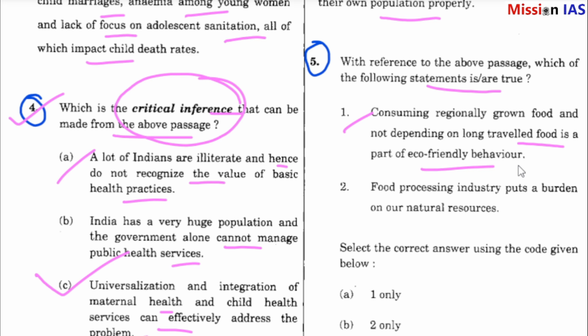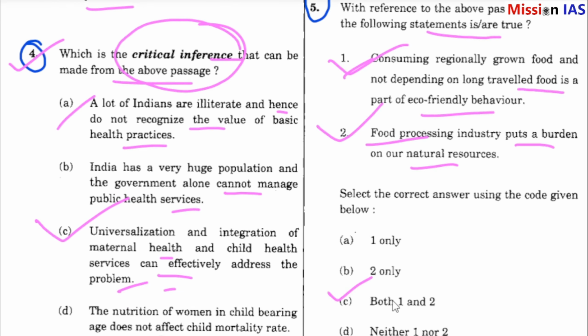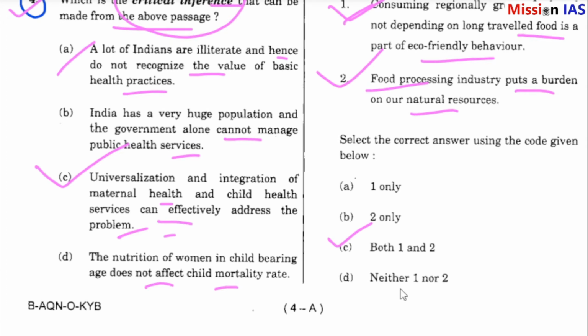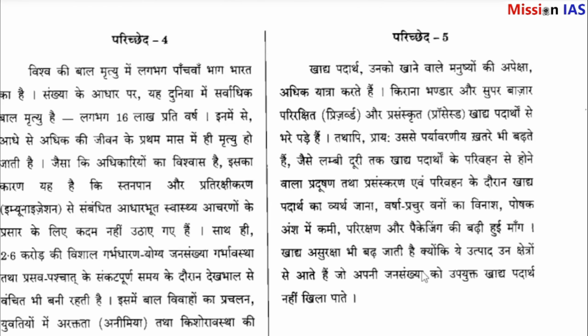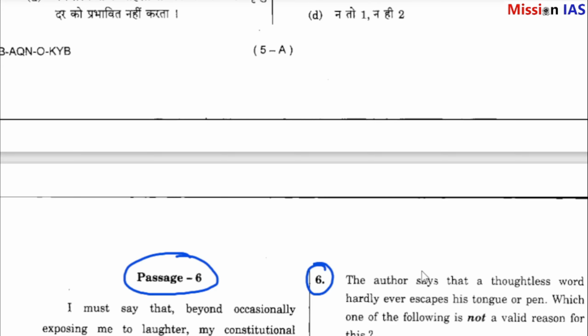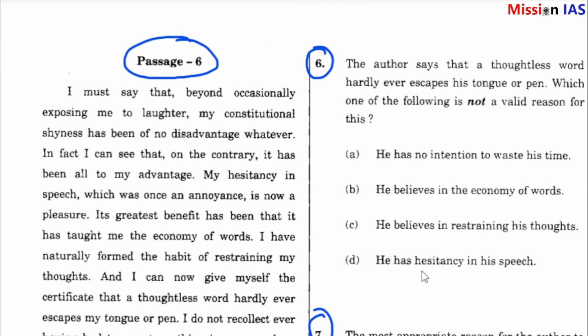This is absolutely correct. Statement 2: The food processing industry puts a burden on our natural resources. This is also correct. So the answer is both 1 and 2, option C. So understand how to attempt questions and how to get the right answer.